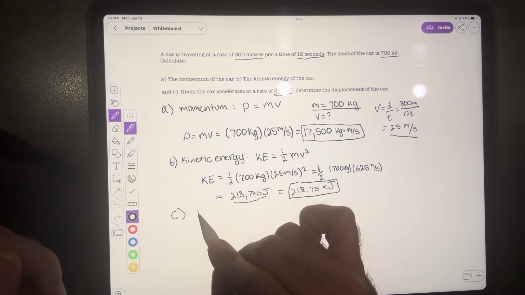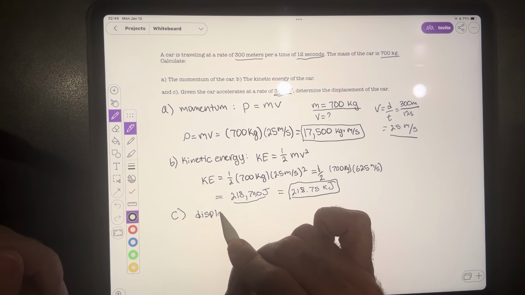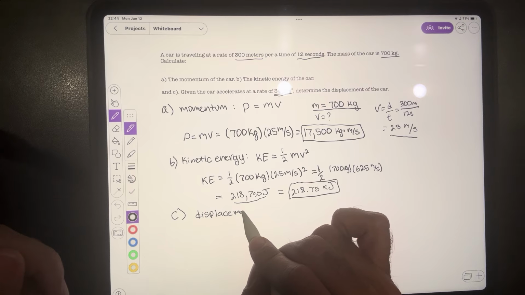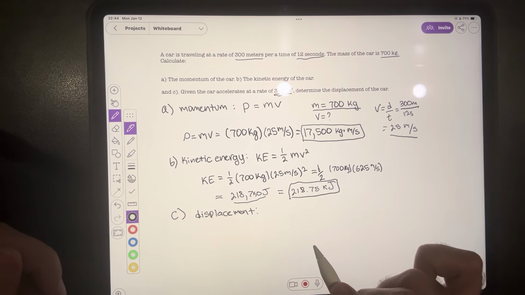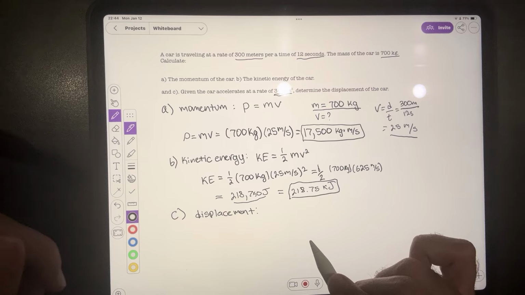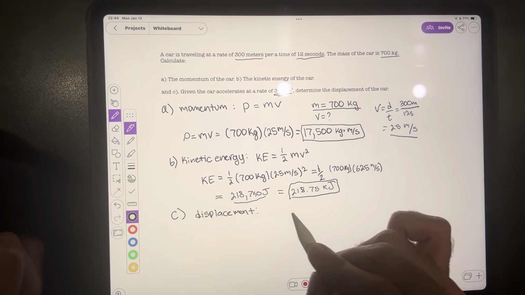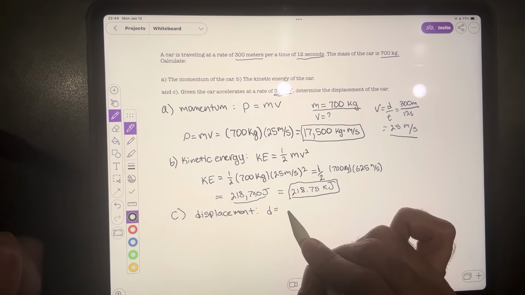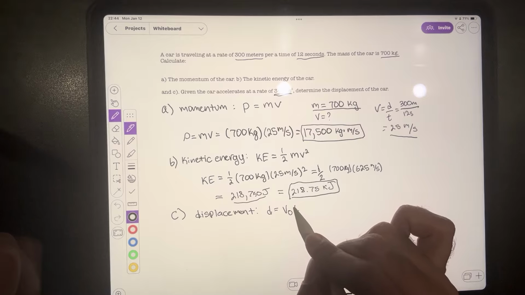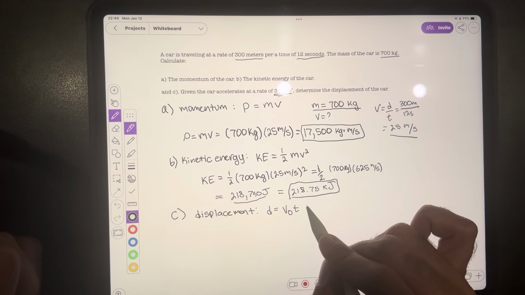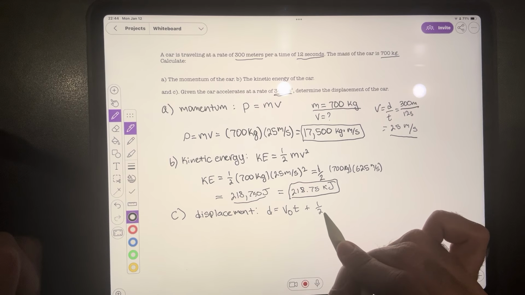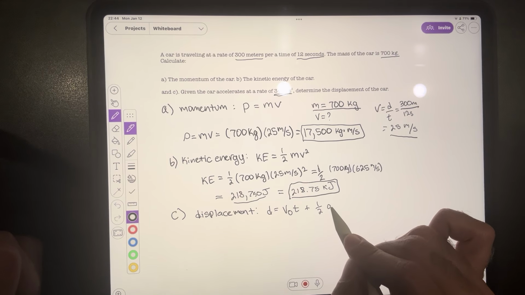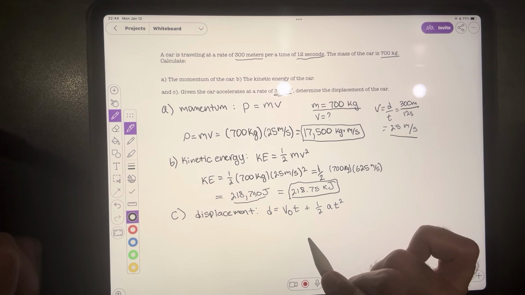Now, displacement has a very interesting formula because displacement involves the initial velocity times the time plus half of the acceleration times the time squared.